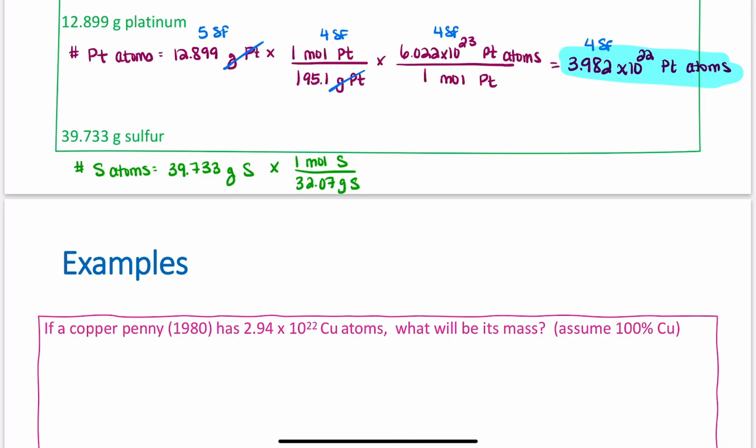I pulled that off the periodic table. 6.022 times 10 to the 23rd sulfur atoms in every 1 mole of sulfur gives me 7.461. So really this calculates out to 7.4609, but I need 4 sig figs, times 10 to the 23rd sulfur atoms.